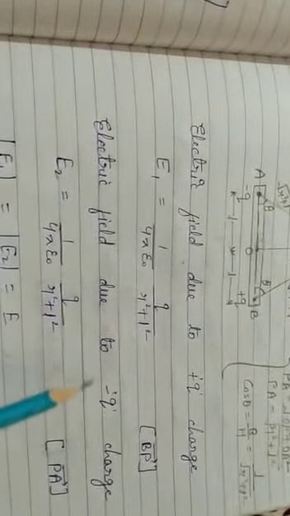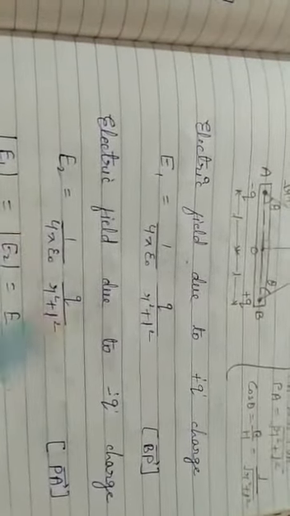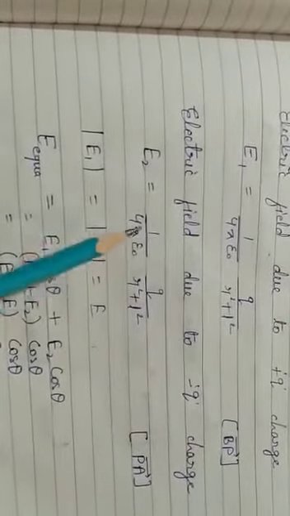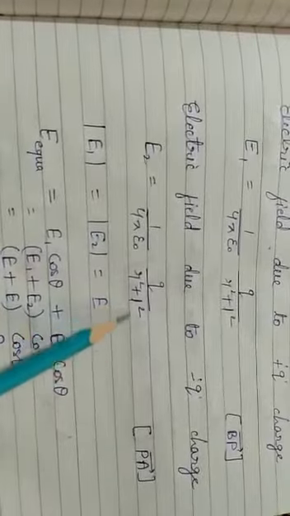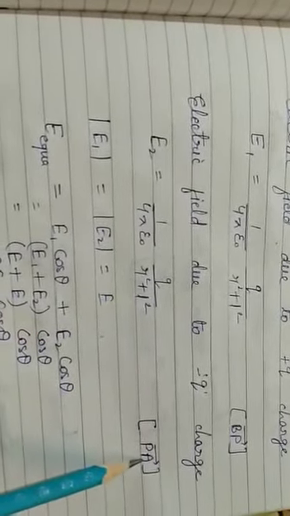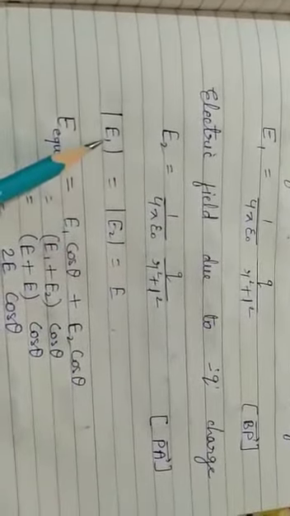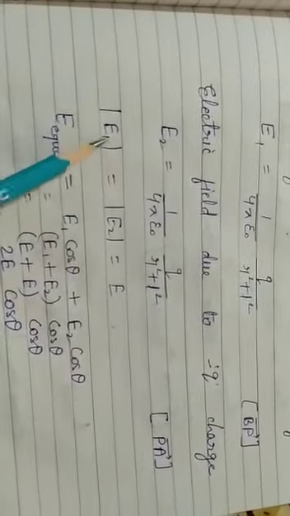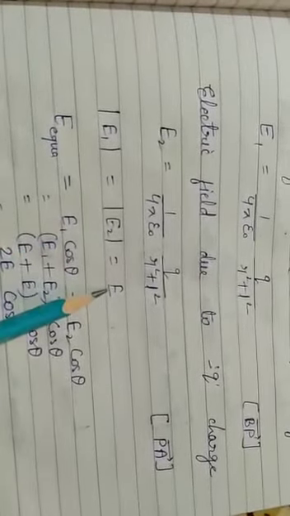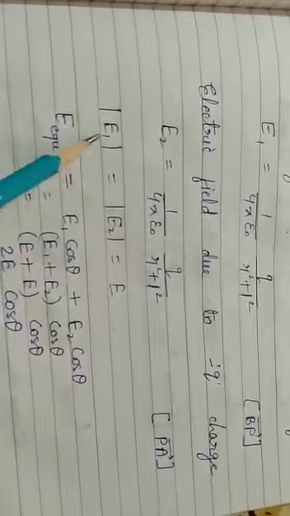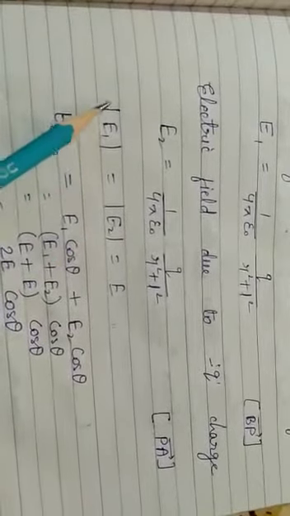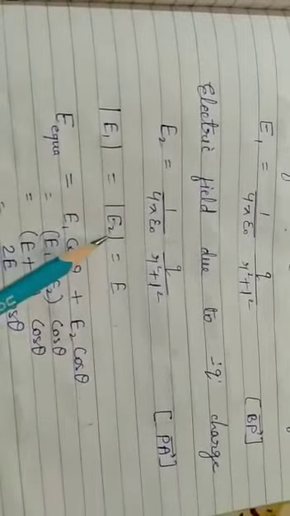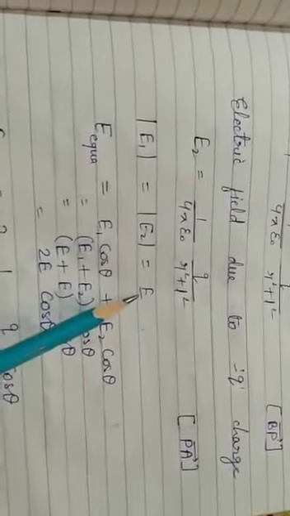Electric field due to minus Q charge, E2 equals 1 upon 4 pi epsilon naught Q upon r square plus l square. Its direction will be PA. Now we know that mod of E1 and mod of E2 is E. Both are same. The amount is same, only the direction is different. So when we take out the mod, E1 and E2 both are equal, we consider it as E.